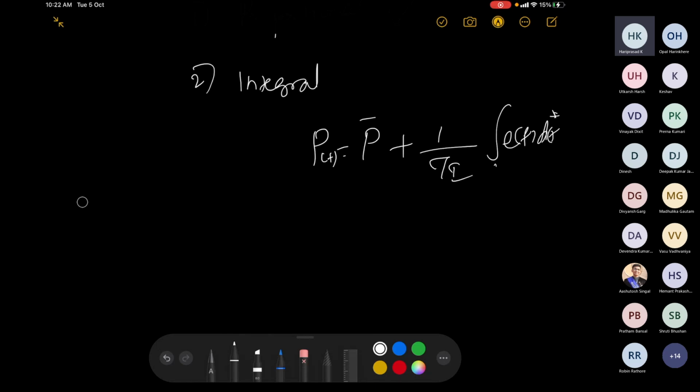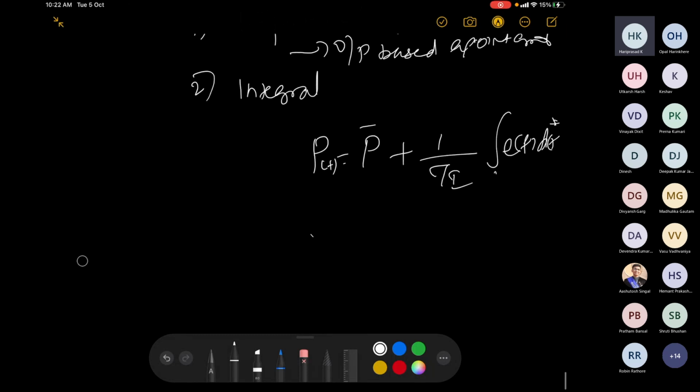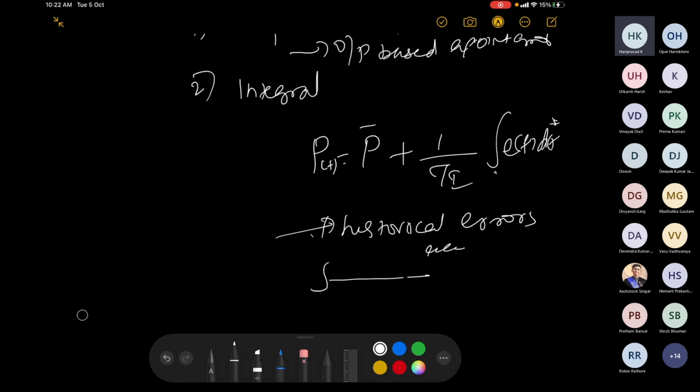In proportional control, the output is based on the error at a point in time. You calculate the error in real time, and the controller output is directly proportional to that. While here it is a historical summation. Historical errors are accounted for, so you are integrating the error from a certain time to a certain time.